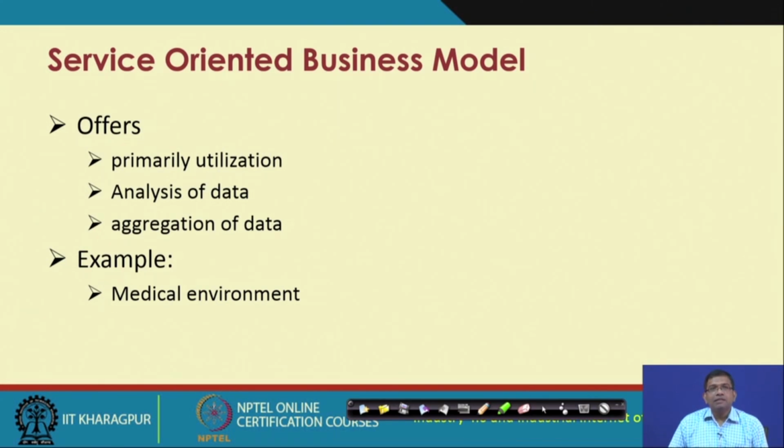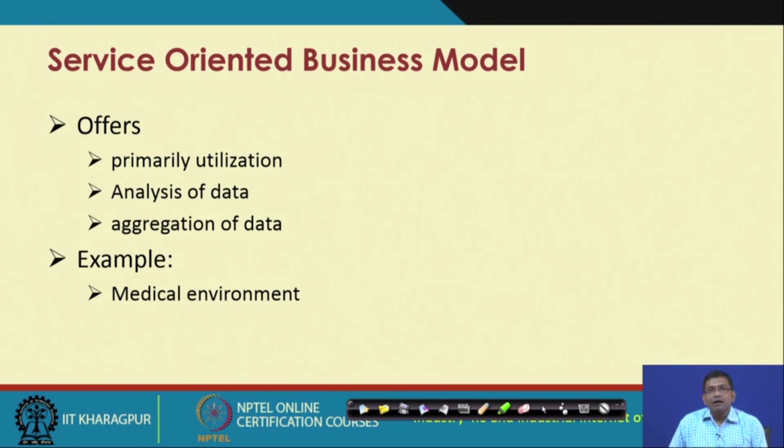Essentially in this kind of model, we are talking about utilization of the data by different stakeholders like the doctors, the patients themselves, the near and dear ones of the patients, the paramedics and so on. All are different users of this kind of system, the AmbuSense system. They all use this system, and there is huge data that is generated.